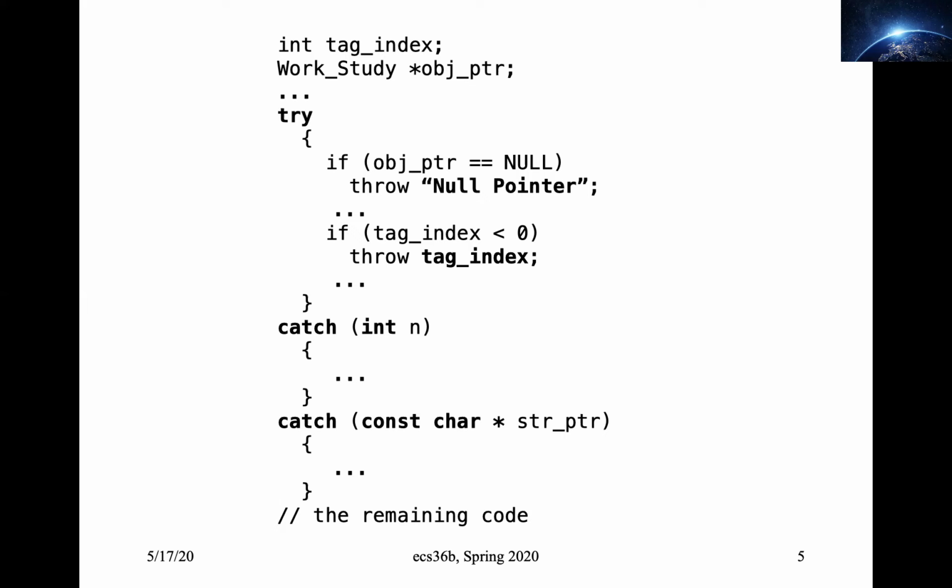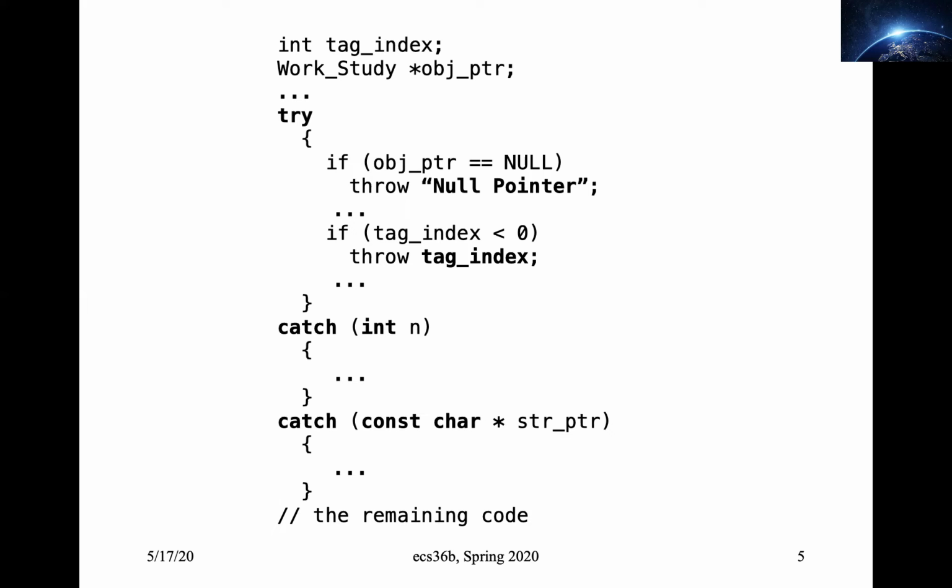Okay, so in this example, I have two catch clauses. One has an integer parameter, and one catches a traditional C string. C string is essentially char star. If it's the C++ string class, it's std::string.